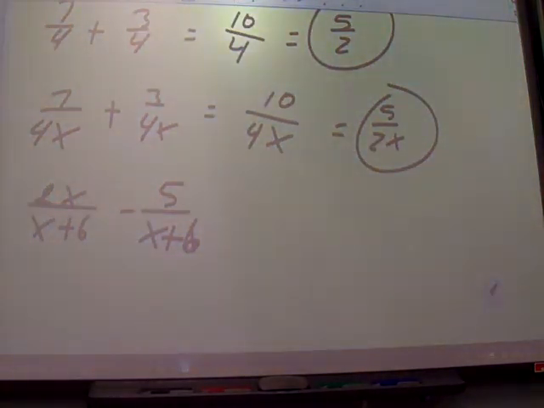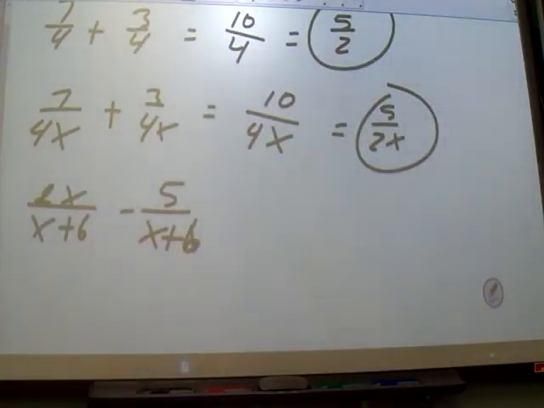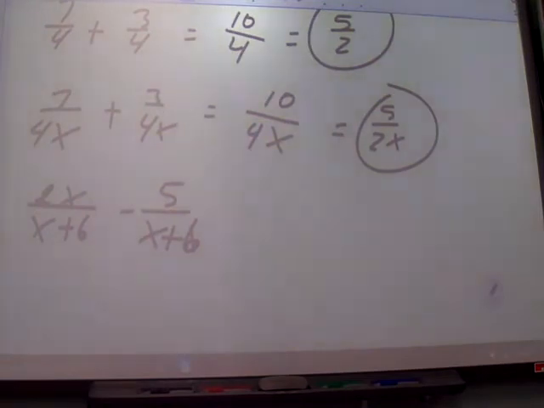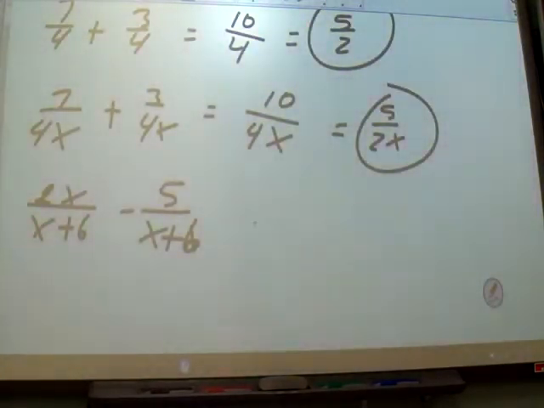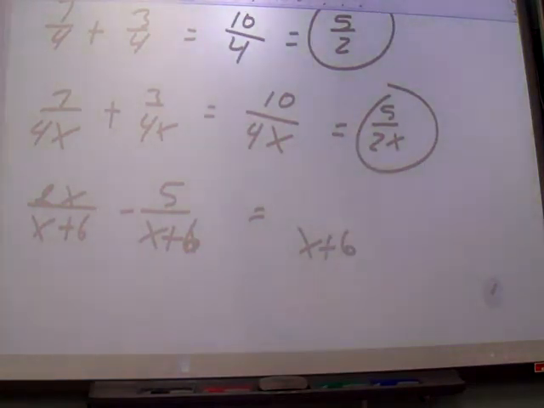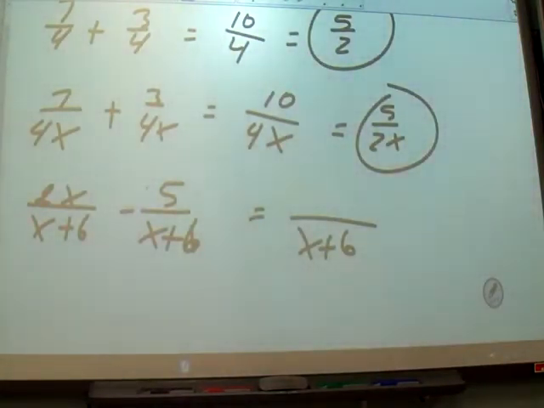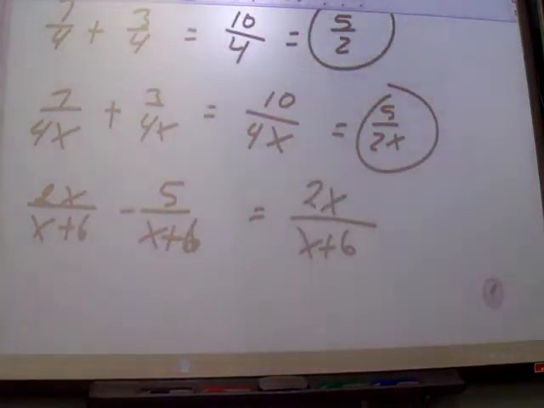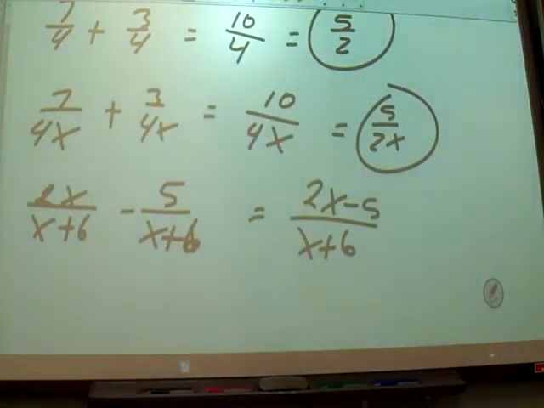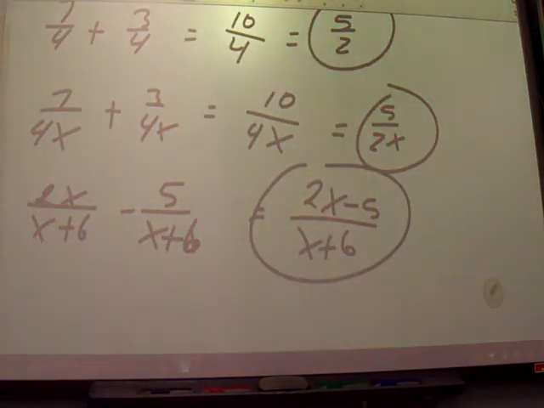So my thought process here is even though the denominator is a binomial, it's got 2 terms, it's still the same on both sides. X plus 6, x plus 6, that's common. So my answer will have an x plus 6. Then on the top, I've got a 2x and a minus 5. I don't know what 2x minus 5 is, so I just leave it like Grant said, 2x minus 5. That's it. Fabuloso. Everybody good?